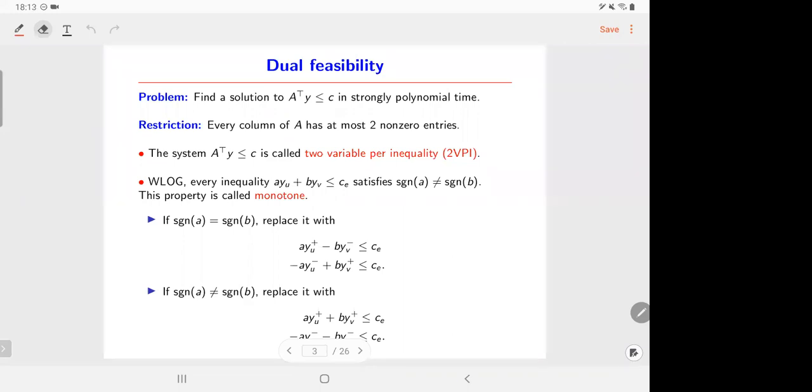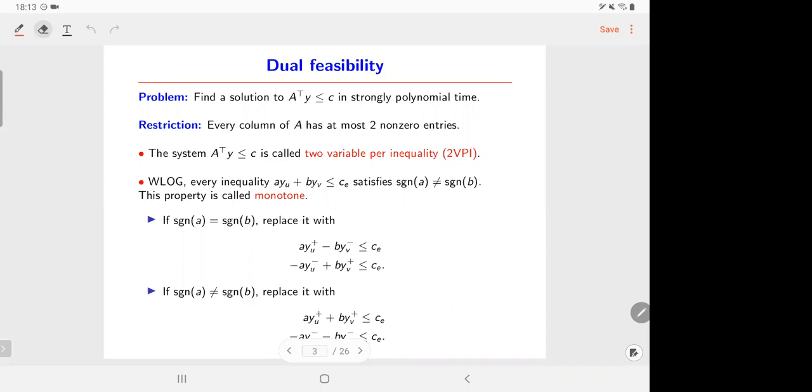To simplify the problem further, without loss of generality, we can assume that every inequality is monotone. What I mean by monotone is that the coefficients that appear in the 2 variables have opposite sign. The reason is that if this is not the case, you can perform the following reduction.